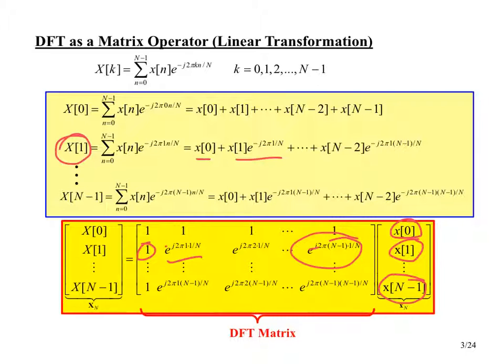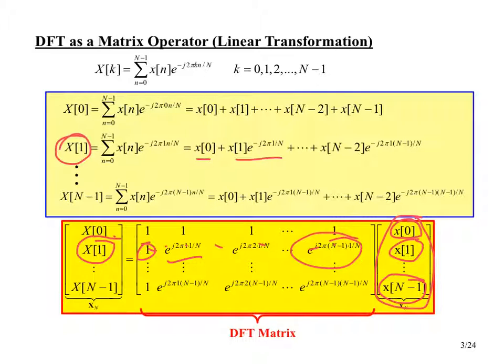So the kth one of these is this element by element multiplied by the elements along the appropriate row. And so that's just standard matrix times vector multiplication.